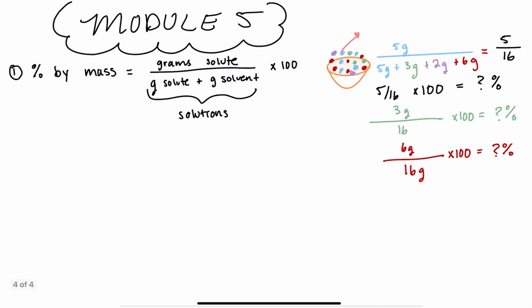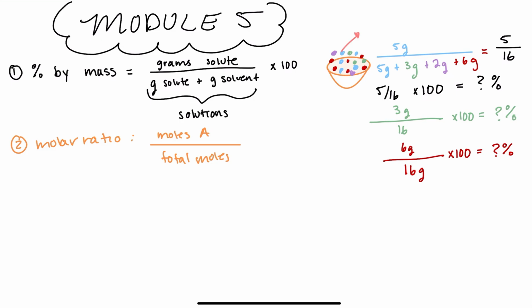Same logic follows for molar ratio, right? Molar ratio is just finding the moles of A in a solution over the total amount of moles, right? So just like our cereal, grams over total amount of grams, we have moles of A over total moles in whatever solution A is.